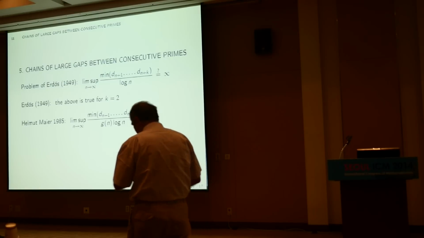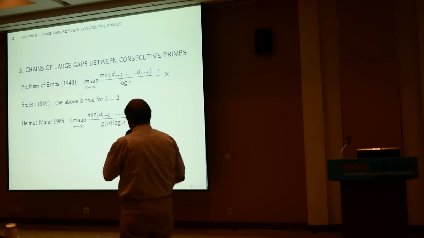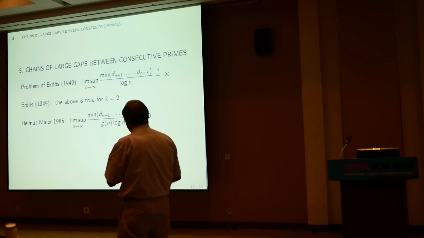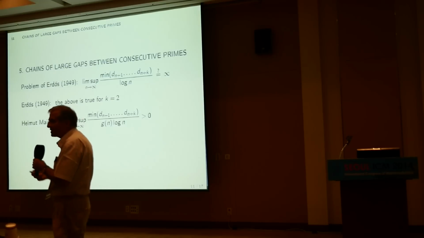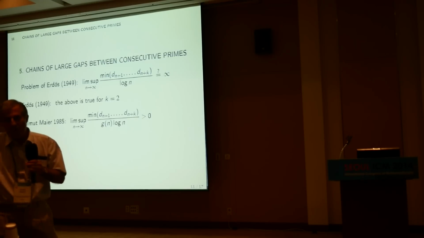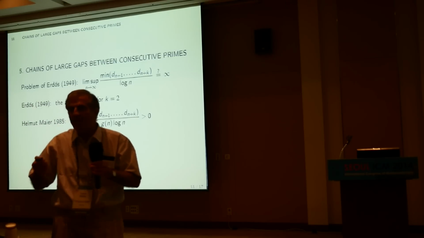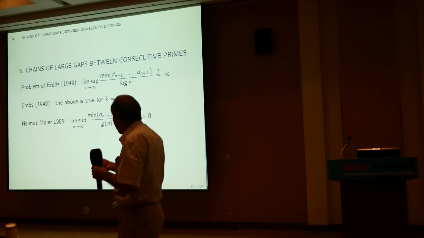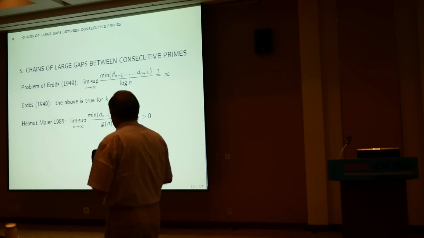Now, if we consider chains of large gaps between consecutive primes, then the question of Erdős was whether we have not just one big gap between consecutive primes, which is as large as, so to say, log n times infinity, but whether this is true for a block of k consecutive gaps.